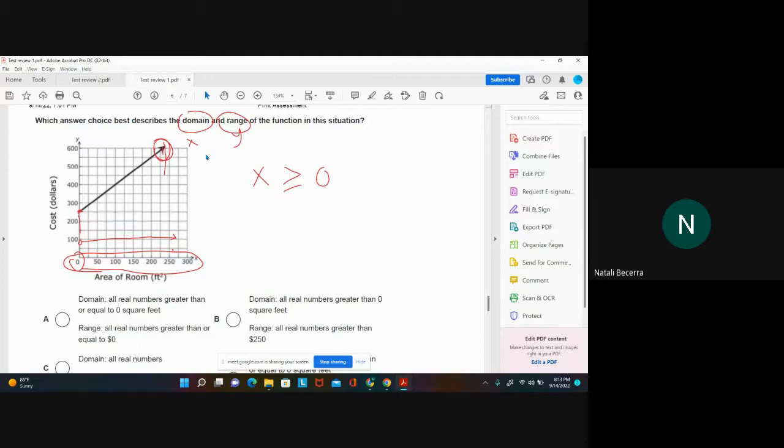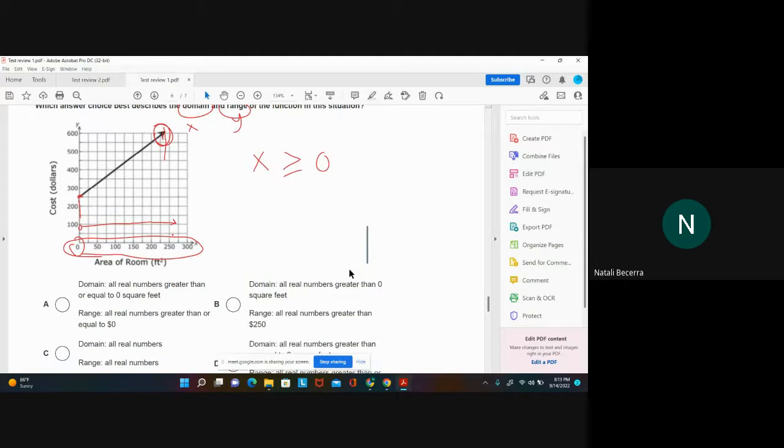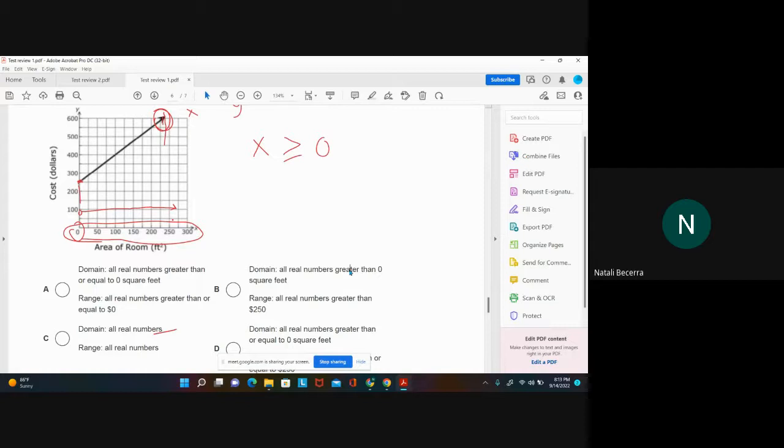Let me scroll down. So it's not all real numbers because it has to be something with 0, okay? All real numbers greater than or equal to 0. Okay, that looks good. Now let's find the range. That was domain, I'm going to put D for domain. Now range. Range, you read from the bottom. The bottom is down here, and now we care about the y.